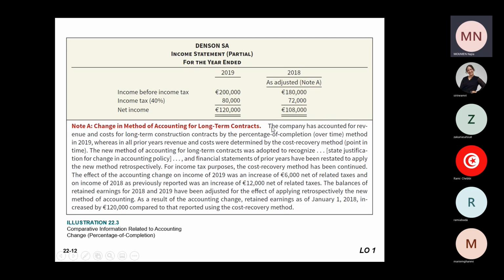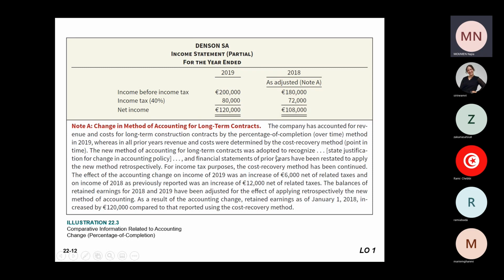So you see here the company has accounted for revenue and cost for long-term construction contracts by the percentage of completion method in 2019. So that's of course the new accounting policy. Whereas in all prior years, revenues and costs were determined by the cost recovery method, which was used, for example, starting in 2015, 16, etc. The new method of accounting for long-term contracts was adopted to recognize, you see here, you have to state the justification and motivation for your change in accounting policies.